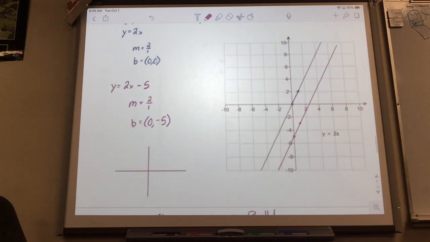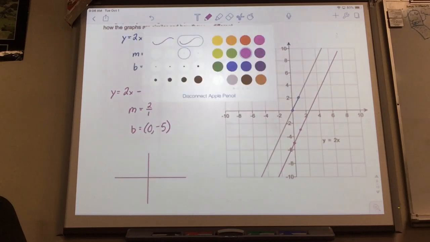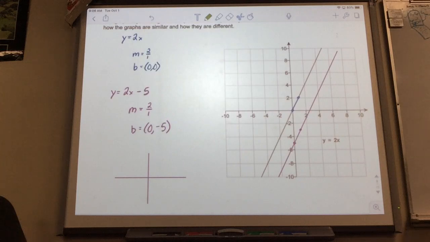So if I was trying to create a perpendicular line to this, all I would have to do is flip the slope and make it its opposite. So if I wanted a perpendicular line to that, I don't have to do this right now, it'll come up later, all I would have to do is take the slope, make it its opposite, and flip it upside down.